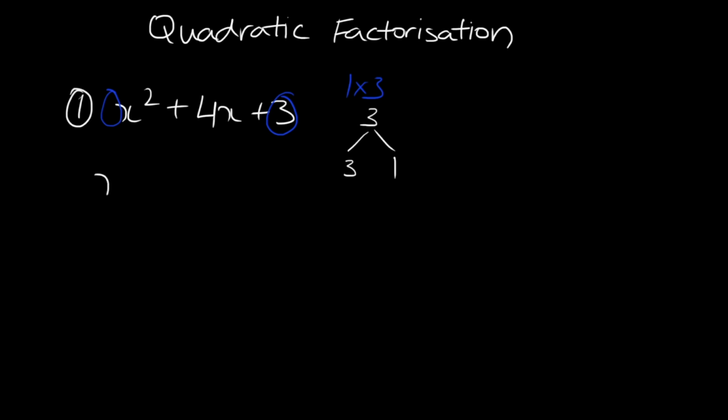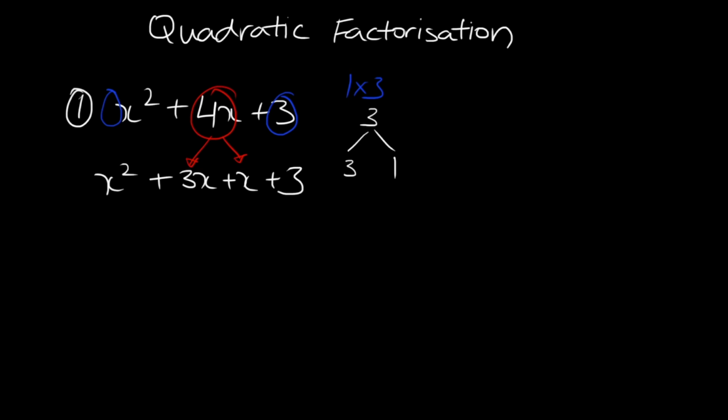So what we can do is rewrite this as x squared plus 3x plus x plus 3. What we've done is we've taken this middle term, this 4x term, and we've split it into two terms, so 3x plus x.